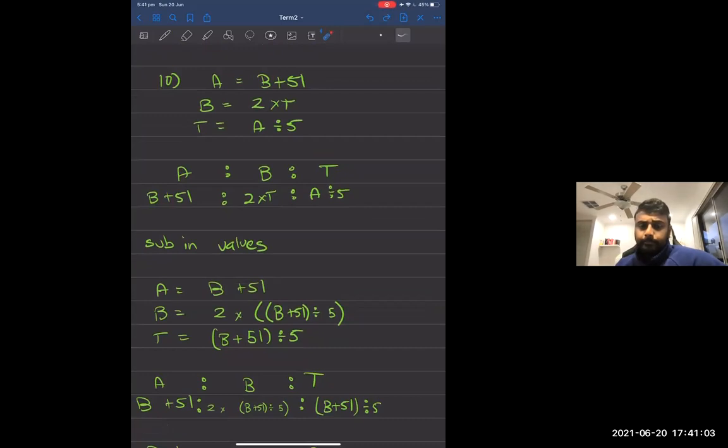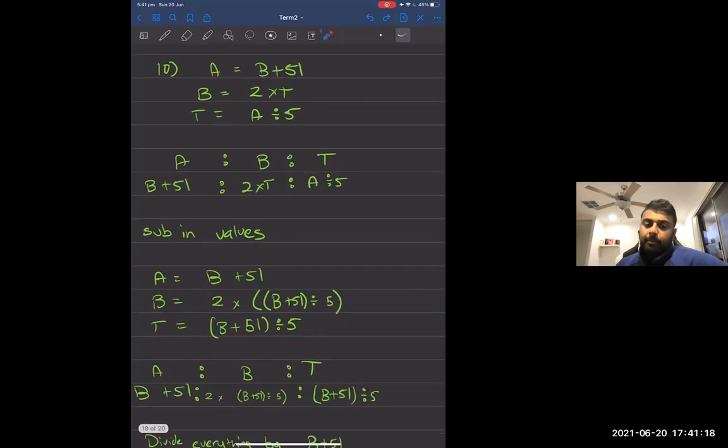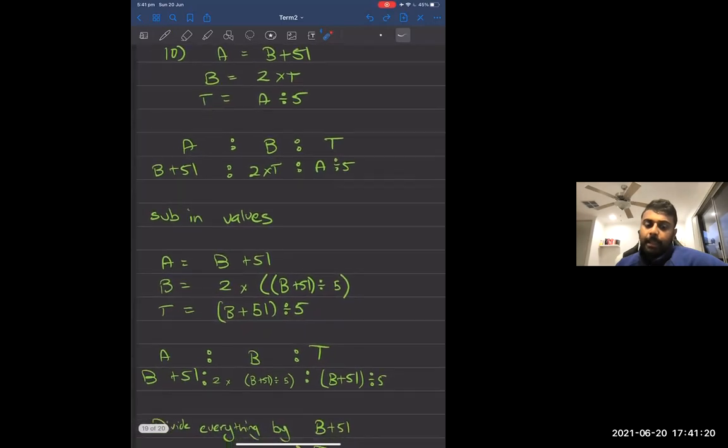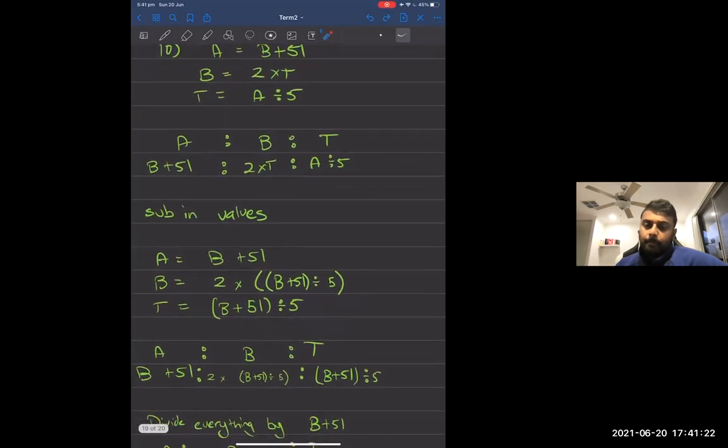And then B is 2 times T, and T is B plus 51 divided by 5. So B is 2 times B plus 51 divided by 5. Does everyone understand that? Isn't it B plus 51 over 5?